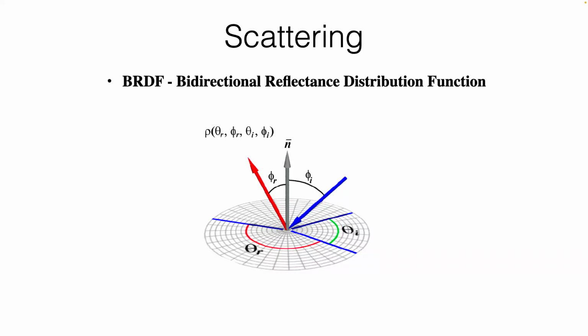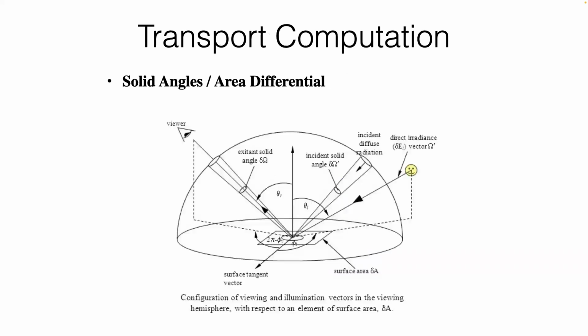Then this function gives the proportion of photons that come in one direction and go out in another direction. But this happens globally over the whole hemisphere. And so this BRDF models this function, right?